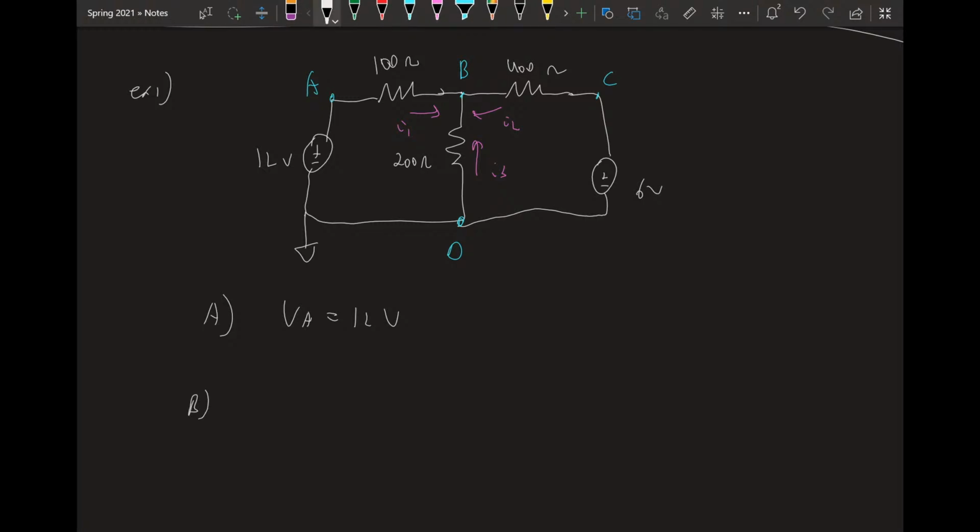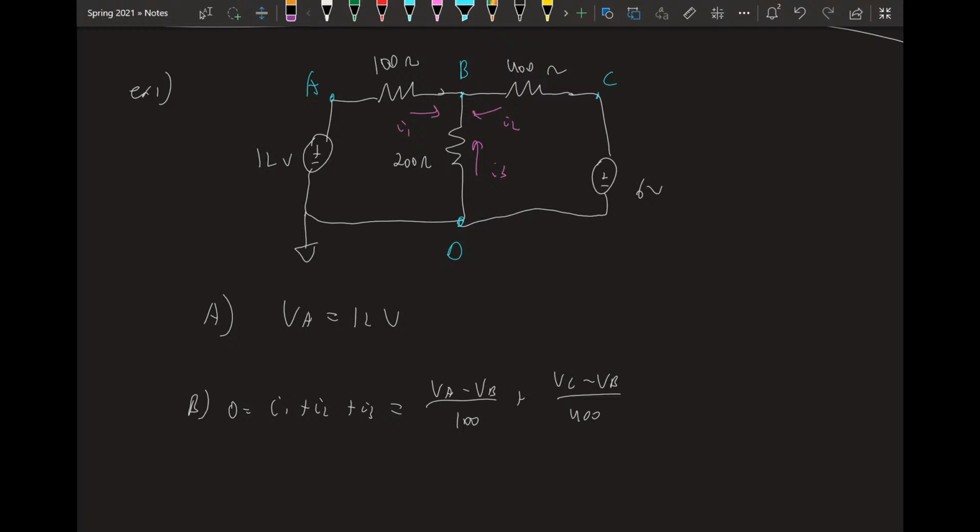At node B, I'm going to write KCL as the sum of the currents. It's going to be I1 plus 0 equals I2 plus I3. Now I want to define these currents in terms of voltages. I1 is going to be VA minus VB over 100, going from here to here. I2 is going to equal VC minus VB over 400, going from here to here.